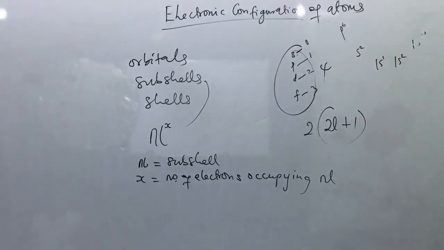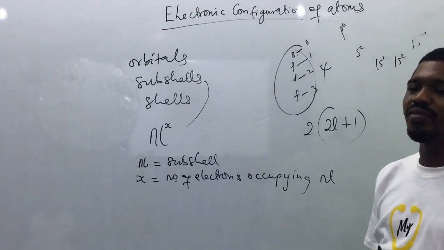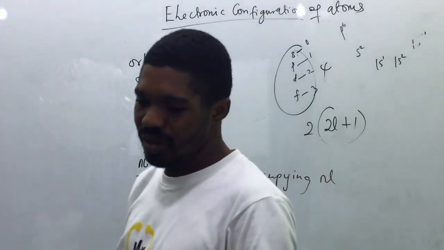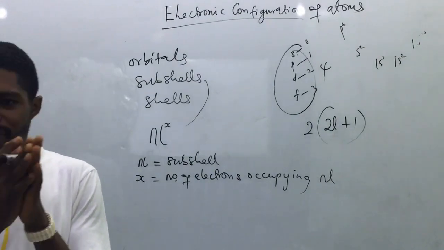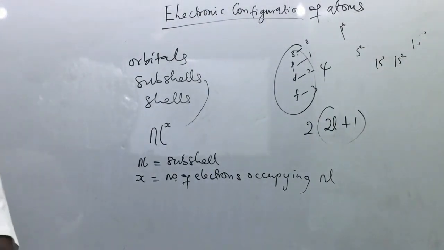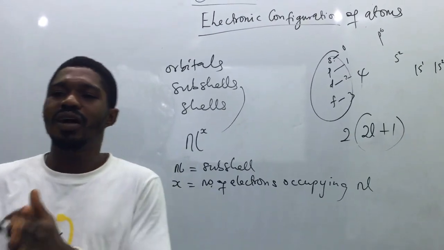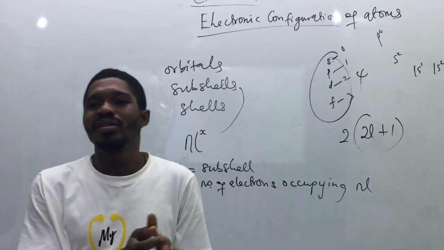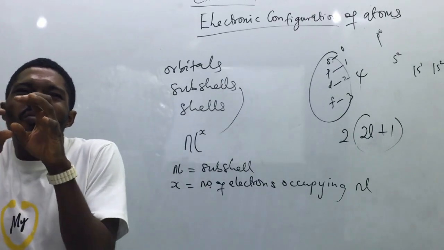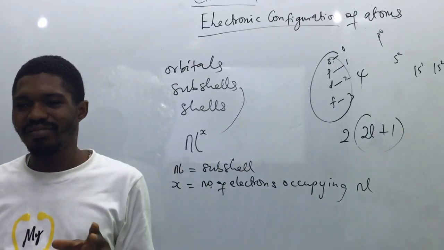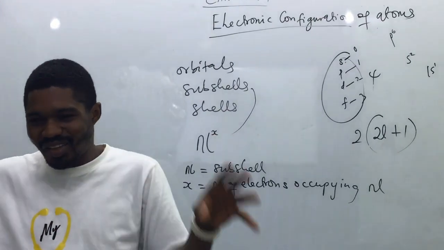Okay? And remember, there's a difference between orbital and subshell. A collection of orbitals gives a subshell. A collection of subshells gives a shell. So in every shell you have orbitals and subshells. Of course, the orbital is the smallest unit, the smallest house in the atom where an electron can be found.